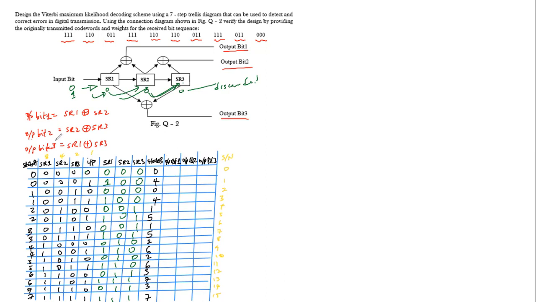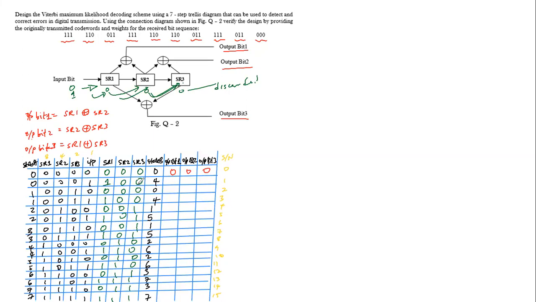So it's 0 plus 0. That's SR1 plus SR2, 0 plus 0, that's still 0. Let us use red this time. So that's 0. Now output bit 2 is SR2 plus SR3, 0 plus 0, that's also 0. Then output bit 3 is SR1 plus SR3, 0 plus 0, is also 0.